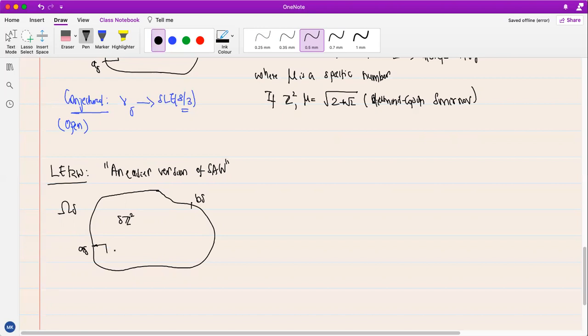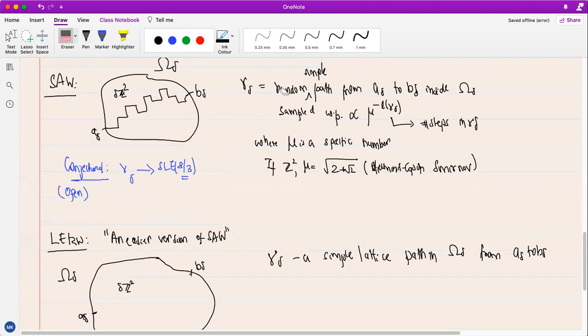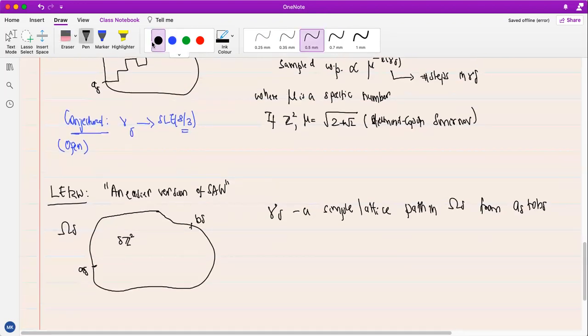Again, you look at all simple lattice paths, gamma delta, a simple lattice path in omega delta from A delta to B delta. Okay, but how is it defined? The way it is defined is different from both self-avoiding walk and normal random walk. So let me describe it.